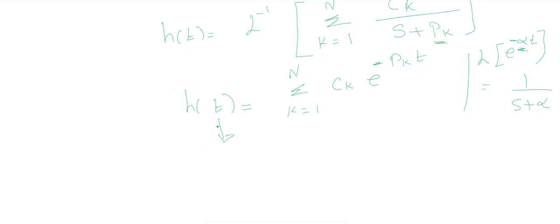So you can replace t by nT, that means h of n is equal to h of t sampled at distinct points, where T is the sampling period.